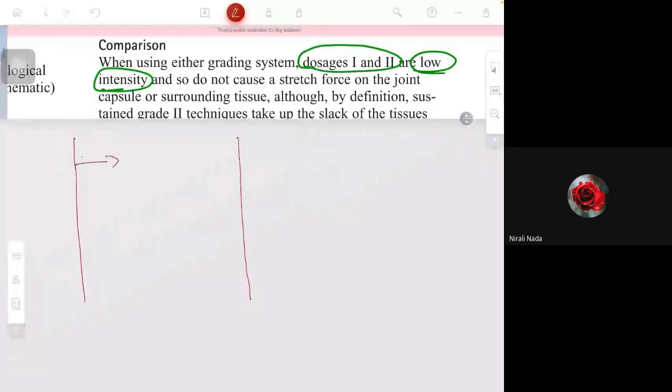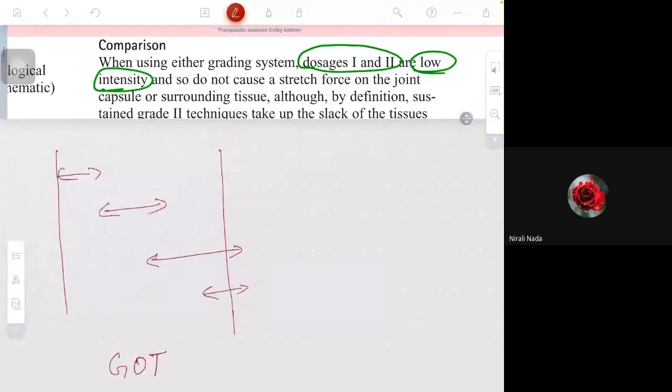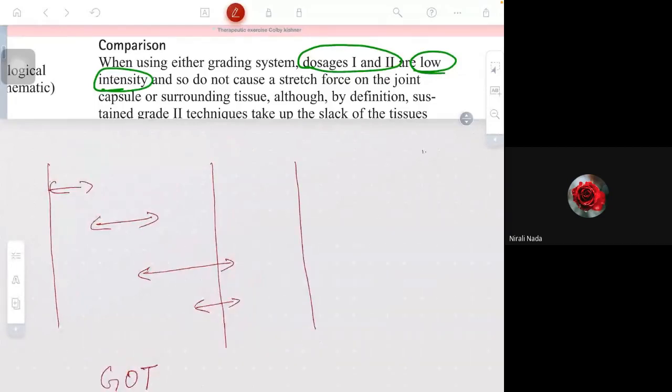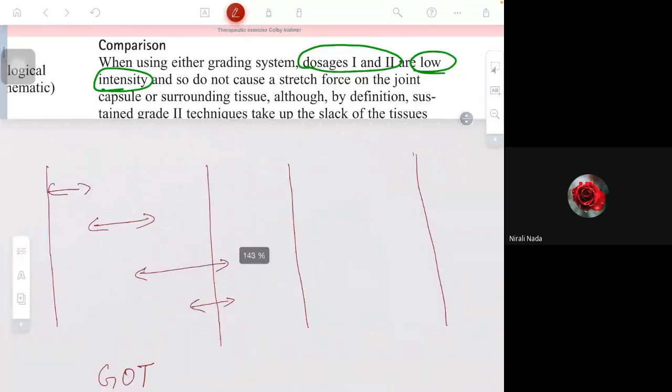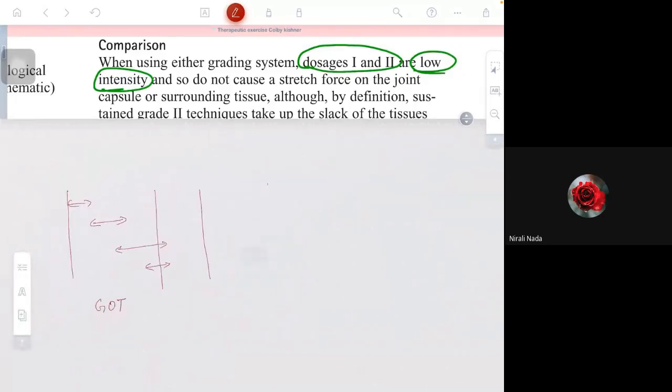This is 1 and 2, 3 and 4. This is the graded oscillatory technique. And what is the second technique? This is tissue resistance, anatomical limit, and beginning of range. This is the graded oscillatory technique. Sustained joint play technique.